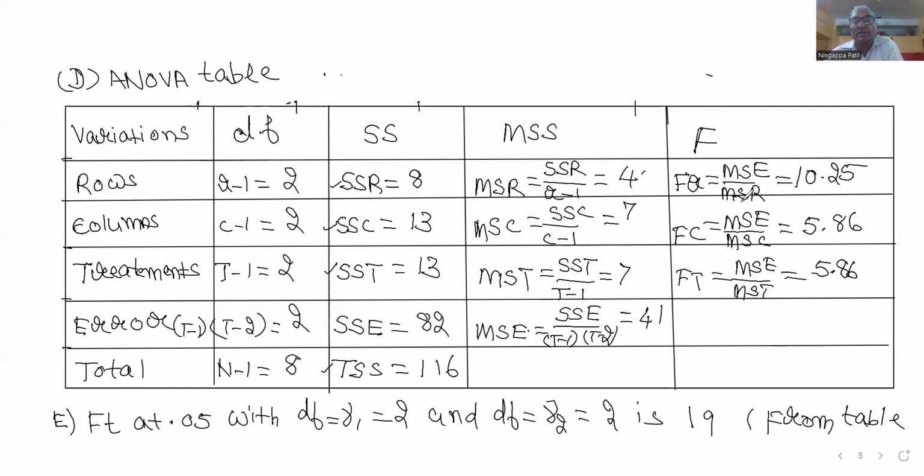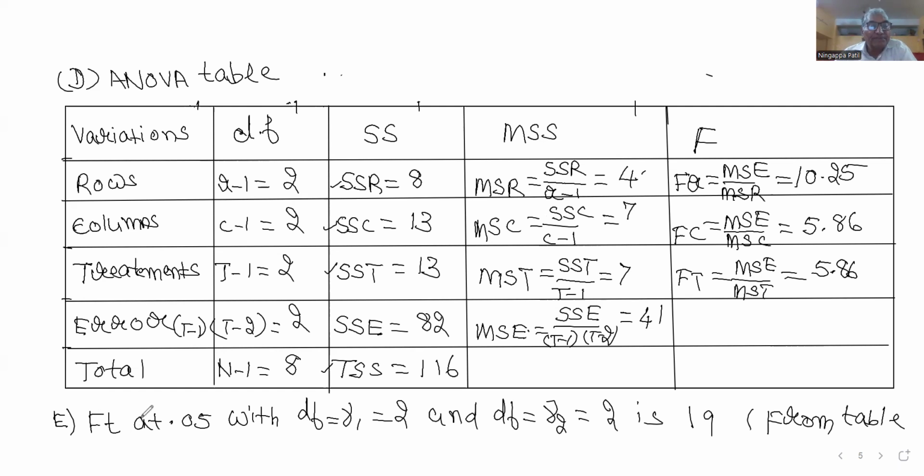Therefore, MSE divided by MSR. This is 10.25. And similarly here also. Look here. FC equal to MSE divided by MSC, because MSE is greater than MSC. Therefore, you take it. Means 41 divided by 7. This is 5.86. And next, FT equal to MSE divided by MST. Look here. 41 divided by 7, and again 5.86.